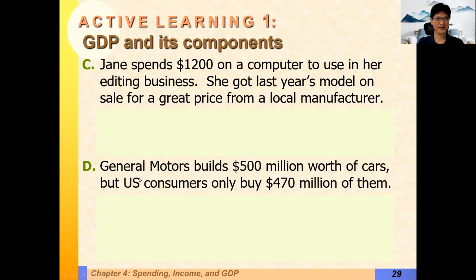And lastly, if General Motors, let's say this is in the US, builds 500 million worth of cars, but the US consumers only buy 470 million, how does this affect US GDP accounting? Okay, think about this for a minute, and we'll pause the video here. Come back and give us your answer, okay?